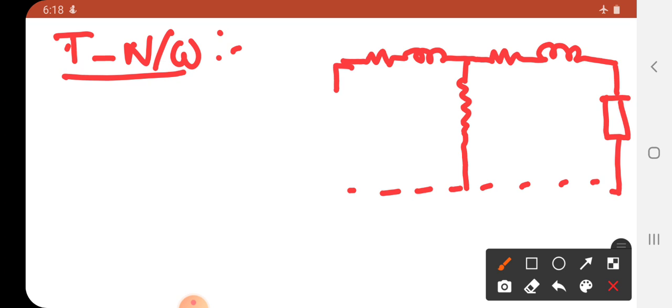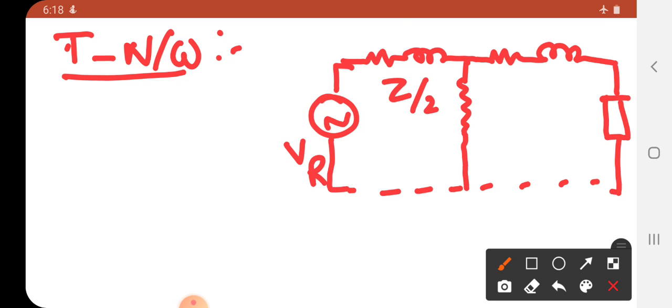In each and every case you need to draw the circuit diagram. If you draw the circuit diagram, you may get some impression from the examiner that you know something. This is the equivalent T network, and for it we have to write expressions for Z and Y.